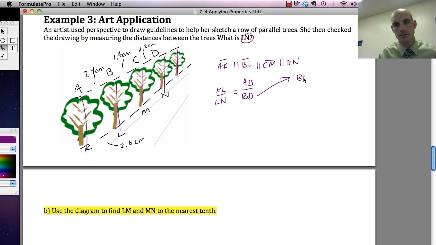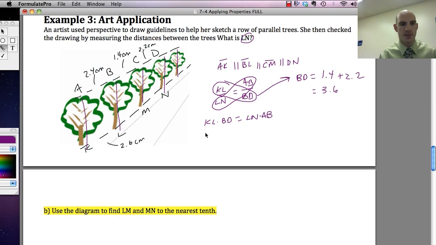BD is actually equal to 1.4 plus 2.2, which is 3.6. And so when I fill this in, I end up with KL times BD is equal to LN times AB. Okay, that's the cross products property, remember? These get multiplied and these get multiplied.